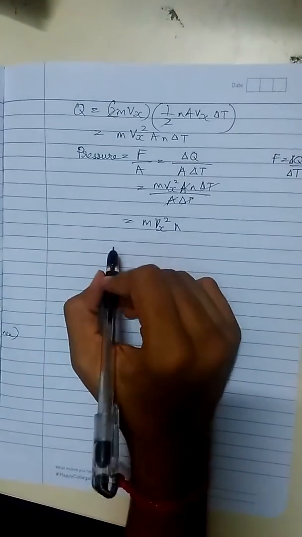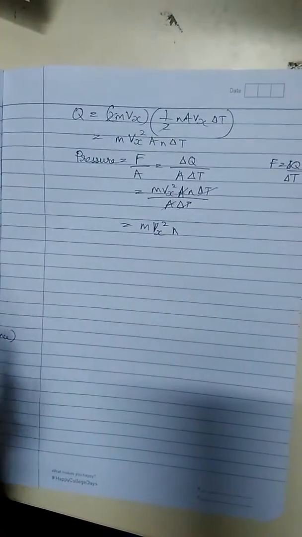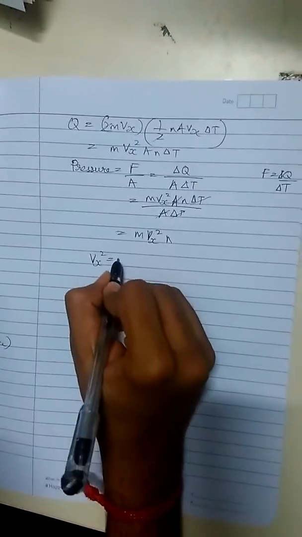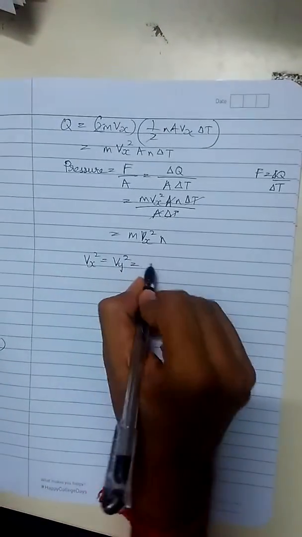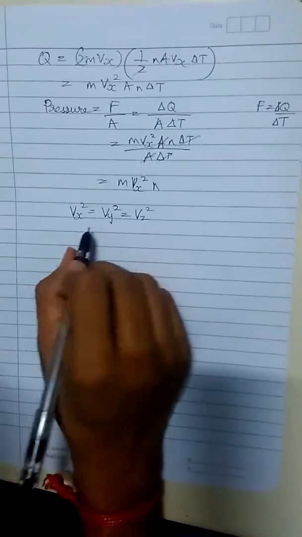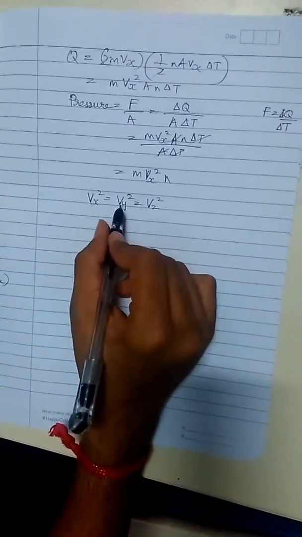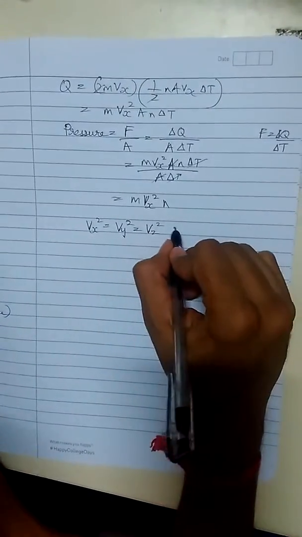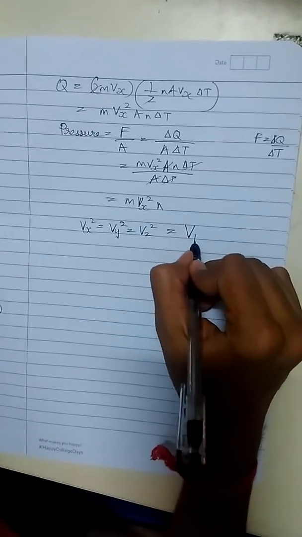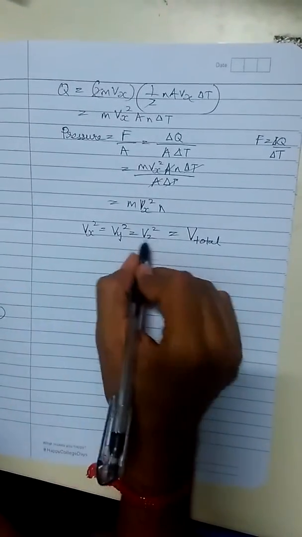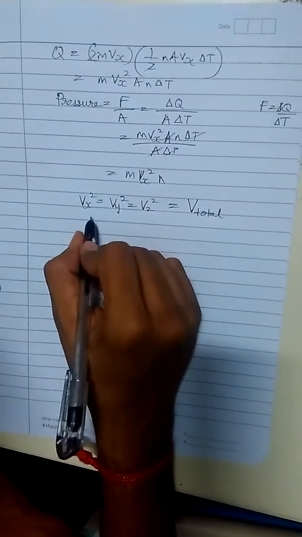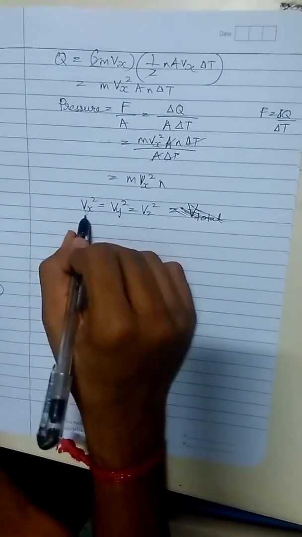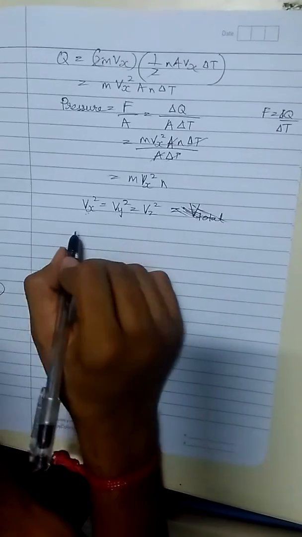We know that in a gas the molecules move with nearly the same velocities. So we can write that Vx square is equal to Vy square is equal to Vz square. The average velocities of these molecules are nearly the same.